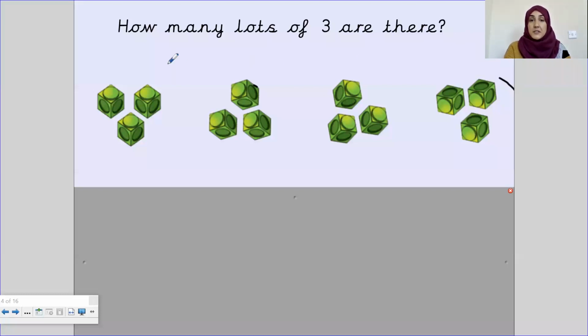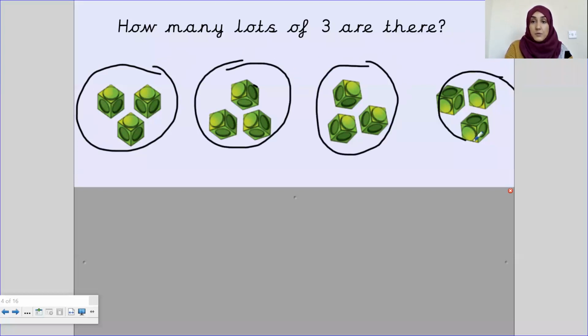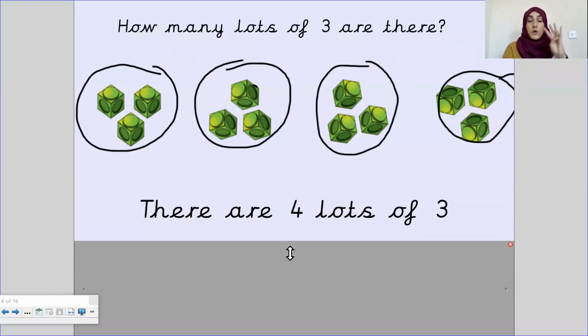Let's count. I know where it says lots of, I need to find out how many groups there are. So here's one lot, here's a second group, here's a third group, and here is the fourth lot. So there are 4 lots of 3.